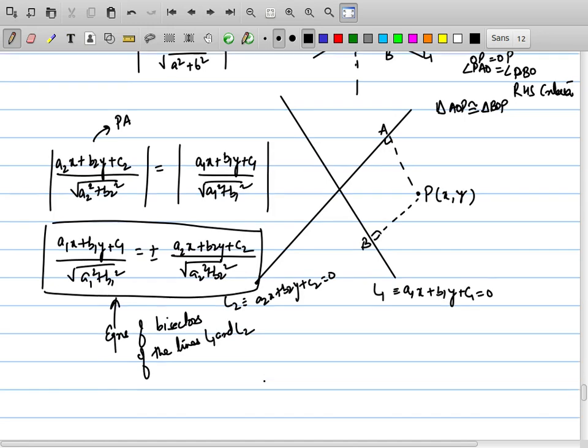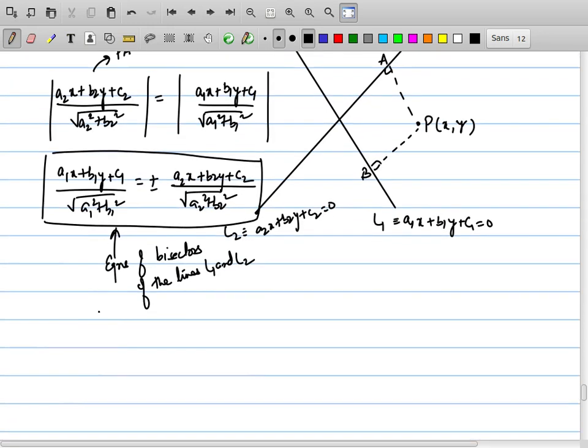Now if you look closely, √(a1² + b1²) and √(a2² + b2²) are constants. Therefore we can rearrange this as ±√(a1² + b1²)/√(a2² + b2²) times (a2x + b2y + c2).